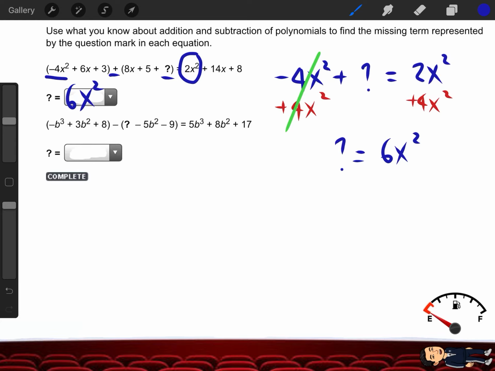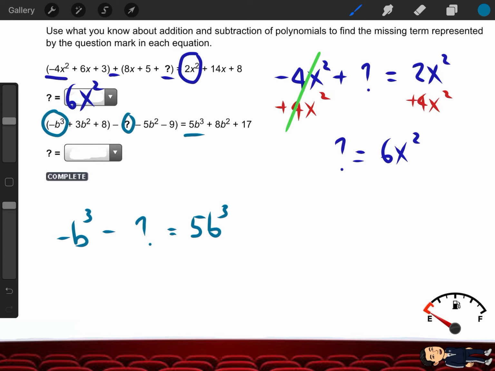Okay, so look at the next one. You've got negative b cubed, subtracting the question mark, and you will get 5b cubed. Okay, so that question mark has to be a combination with the cube. So what you're going to do here is put the question mark, which equals 5b cubed.